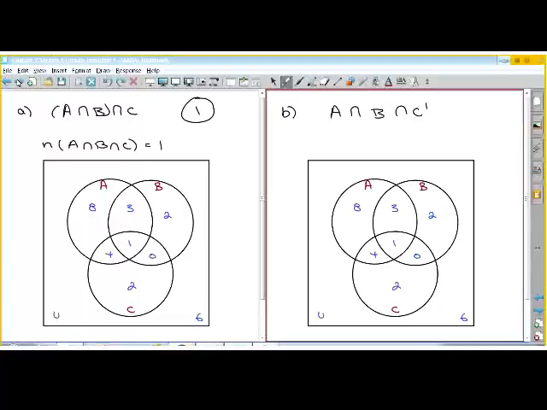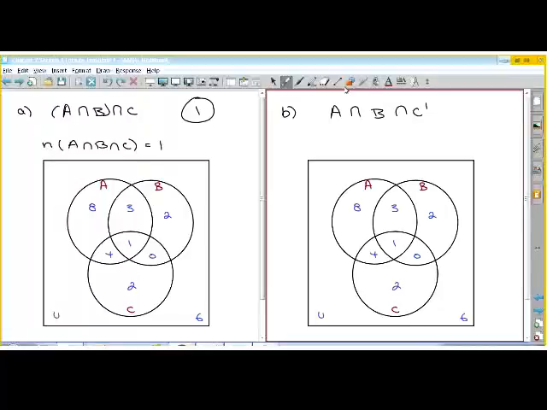So now we have the intersection of A and B with the complement of C. If you remember the other day, an intersection with a complement was the same as removing the elements that are in the set with the complement sign.